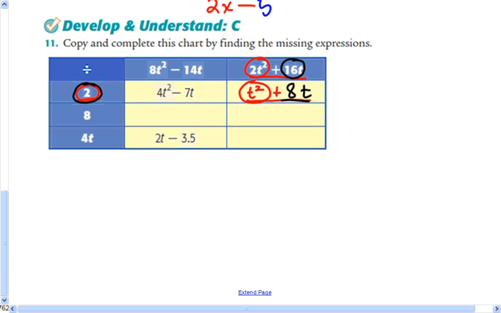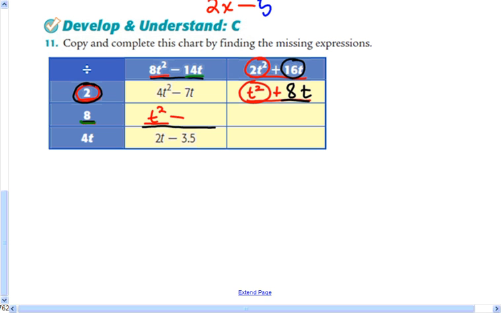All right? Now, find this one. We have 8 here, and we are dividing 8t squared minus 14t by 8. So that means I can think of it as 8 times what number equals that number there, 8t squared, and that would be t squared, minus. 8 times what number gives us 14.